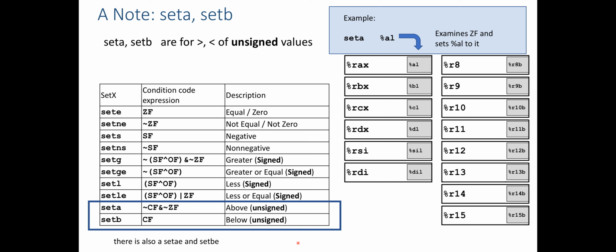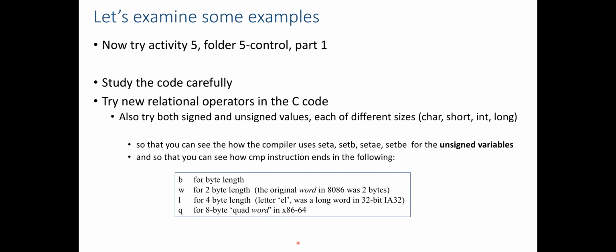And so what I'd like you to do when you go to the activity now is try some unsigned variables. I'm showing that right here, so that you also see these set A and set B being used along with the signed values.